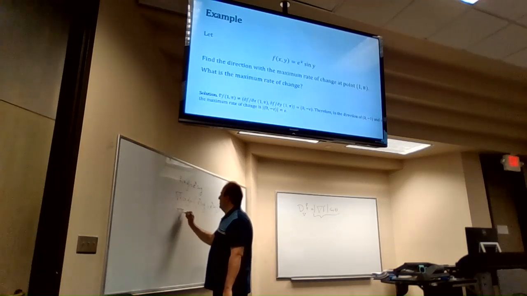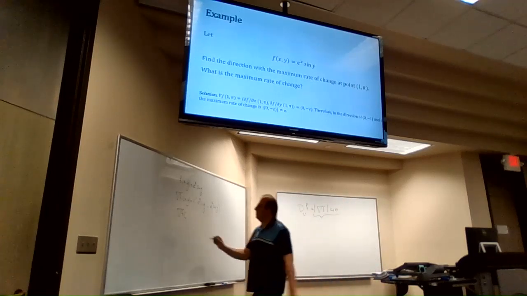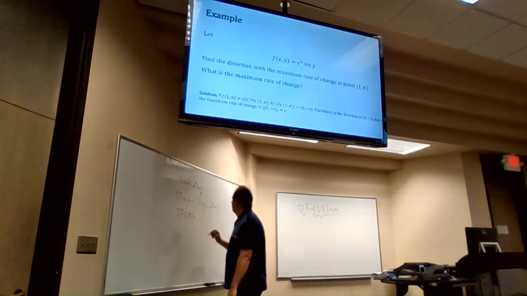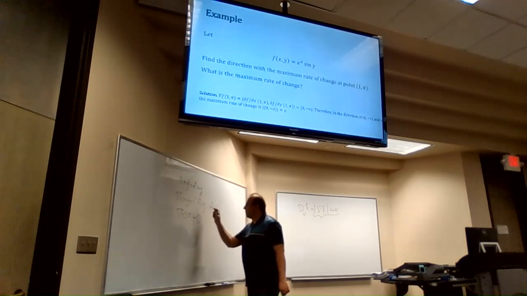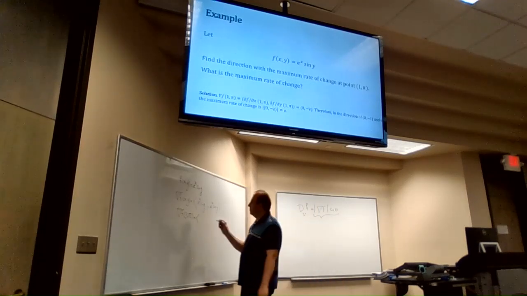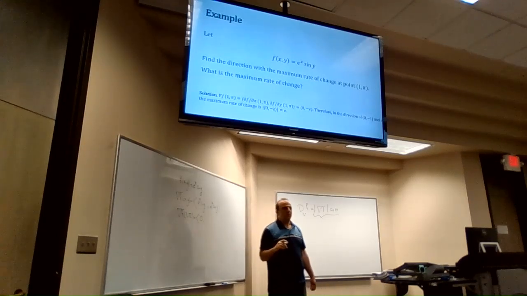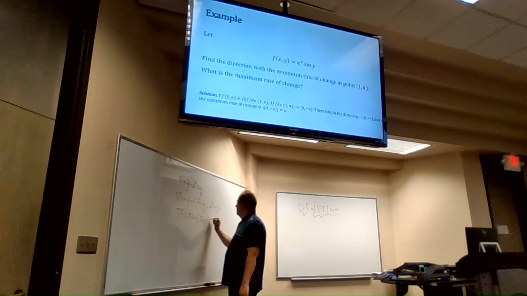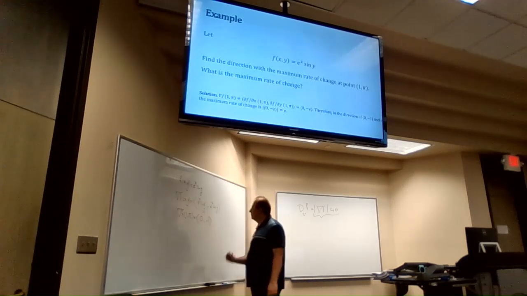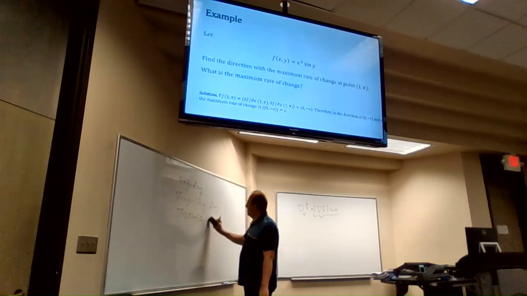So the gradient at the given point (1, pi) is: e to the 1 sine pi, and sine of pi is 0, so 0. E to the 1 cosine of pi, it's negative 1. I made a mistake. E to the 1 is e, so it's minus e.